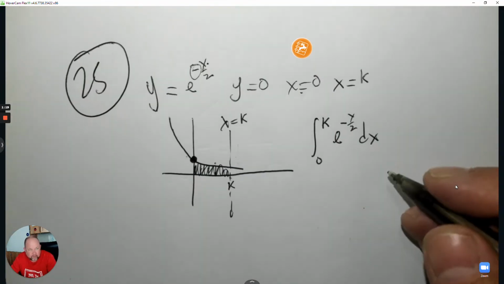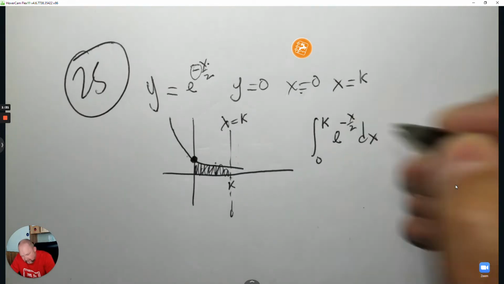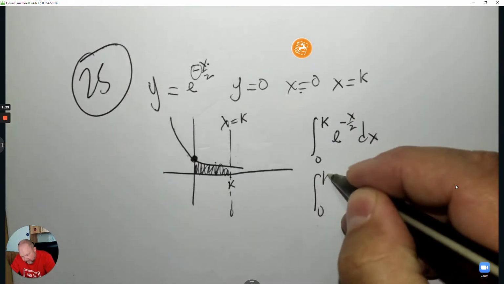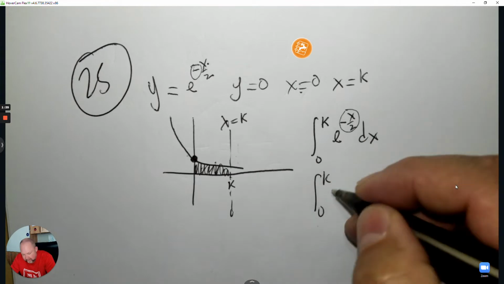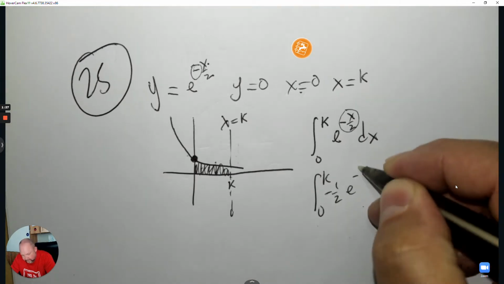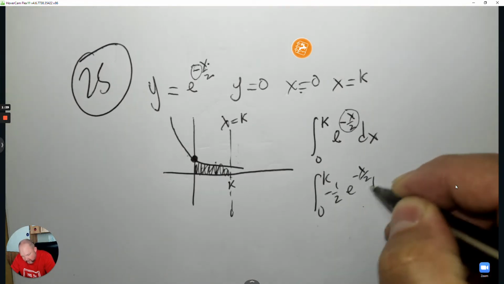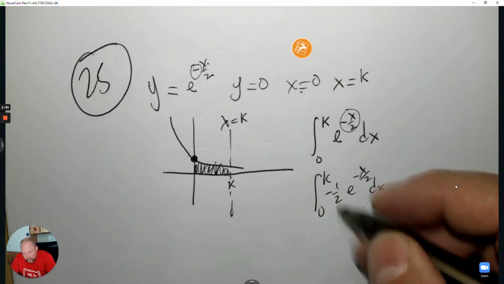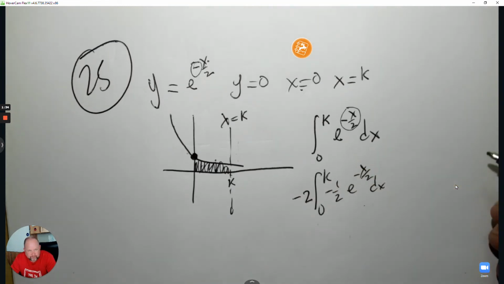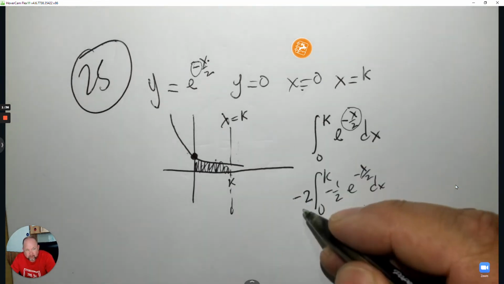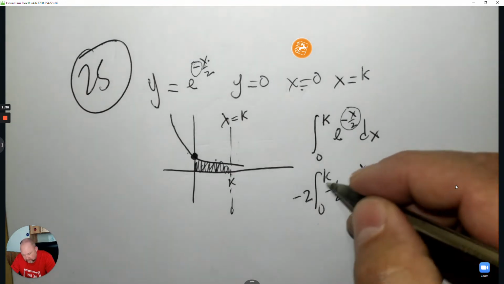And then to actually do this, the hook comes from this, that's negative 1/2. What it was over what it became, I need a negative 2, or 1 over negative 1/2, which is negative 2.